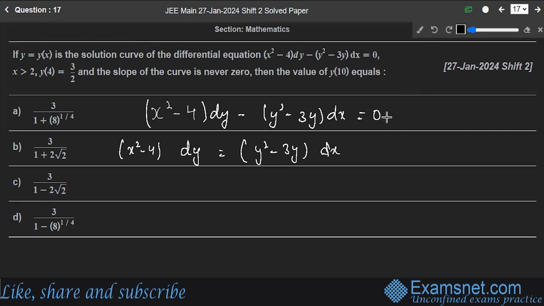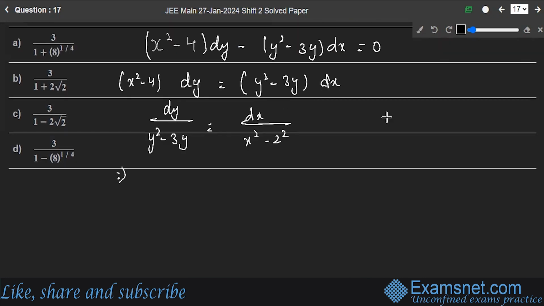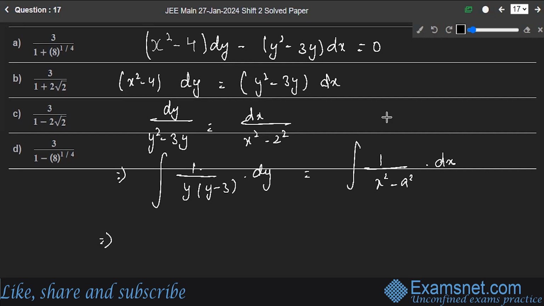See, if you're getting confused, always make the sum simpler. The important thing is don't make silly mistakes like taking out the terms on the right and left hand side wrongly, so that the whole sum will be wrong. Okay, so now this will be dy upon (y squared minus 3y) is equal to dx upon (x squared minus 2 squared). Now integrating both sides, I'm taking this common, 1 upon y(y minus 3) dy is equal to 1 upon (x squared minus 2 squared) dx.